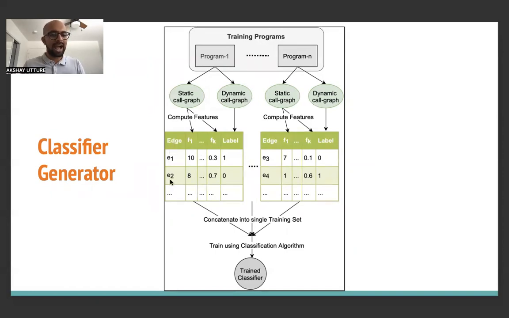Once we have a table like this for each program, we can concatenate them into a single training set and feed it to an existing classification algorithm, which in our case is random forest. The output of this is going to be a trained classifier.